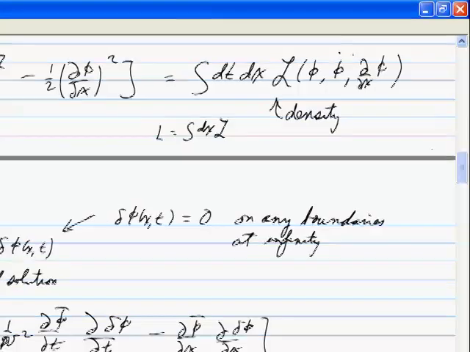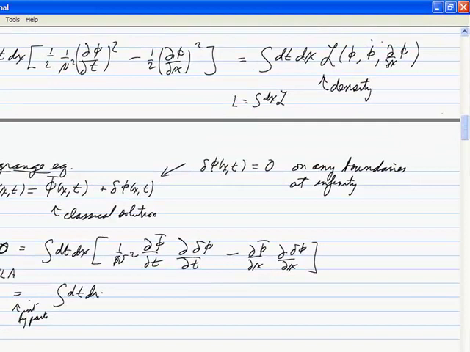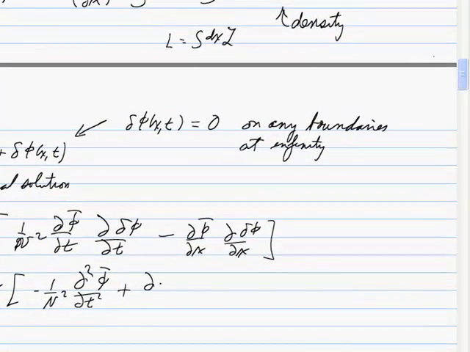After you integrate by parts, this turns into the integral dt dx of minus 1 over v squared second derivative of phi bar with respect to t squared, plus second derivative with respect to x of phi bar, all multiplied by delta phi.